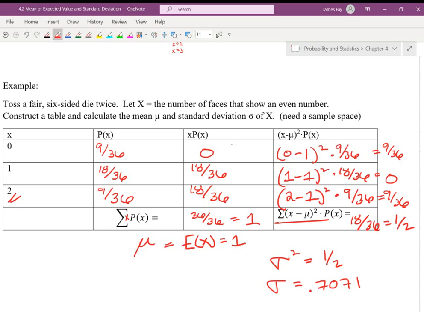Okay? If this is normal, let's assume that this is a normal distribution. What that means is that it's the empirical rule then. If I take my mean, which was 1, add to it 1 standard deviation, it gives me 1.7-ish, right? Okay? And if I subtract my standard deviation from 1, it gets me to 0.3, correct?